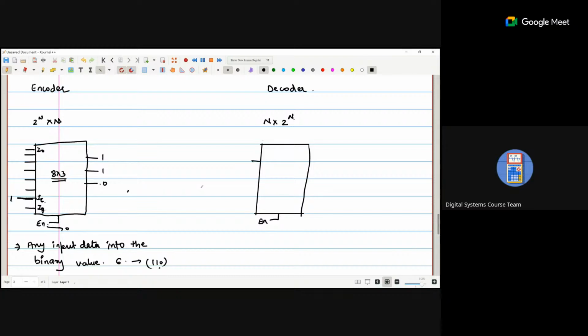If we have 3 inputs, we have 2 raised to power 3, that means 8 outputs.